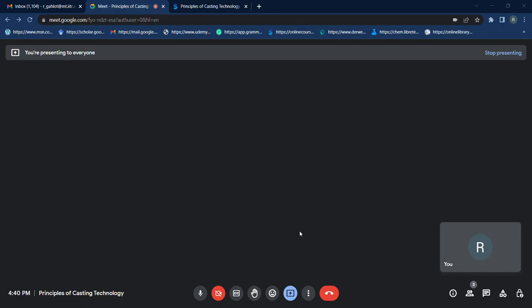Some more things about investment casting: it is also known as lost wax casting or precision casting. The major disadvantage is that it is used for less than 10 kg only.